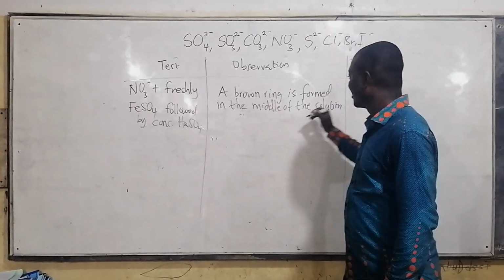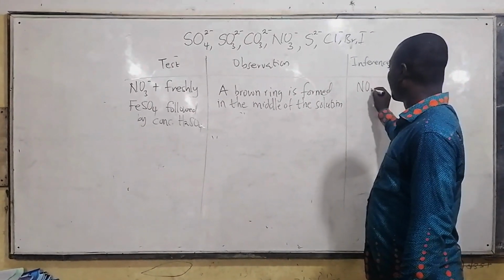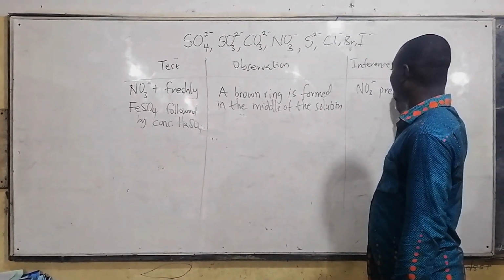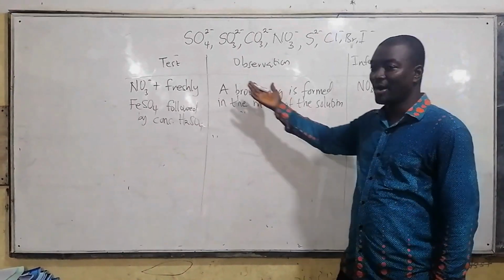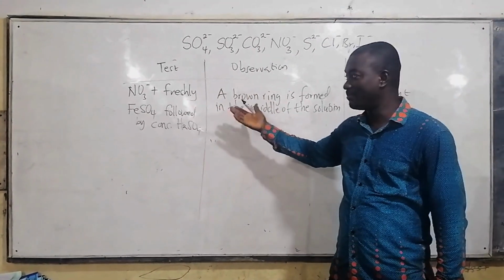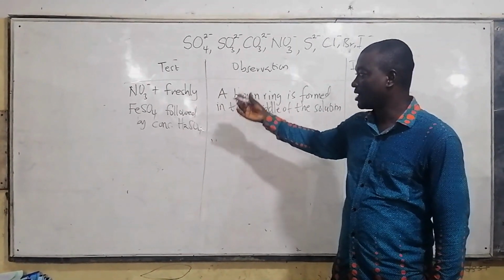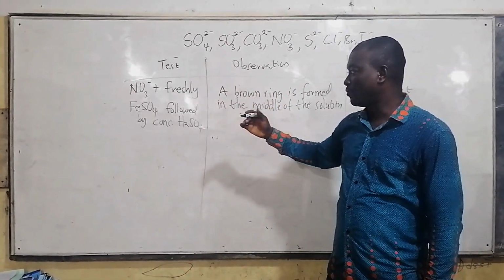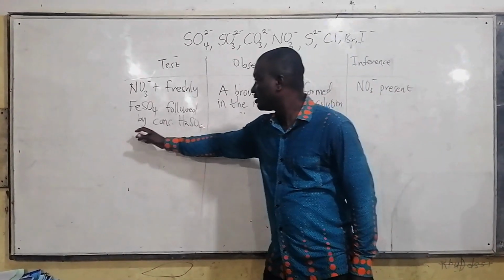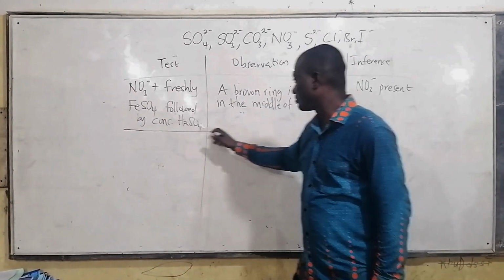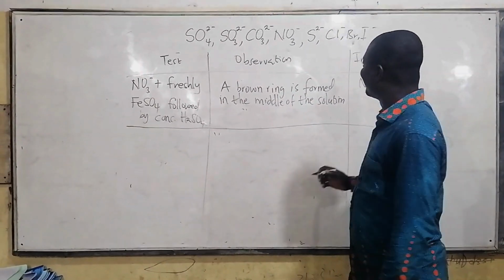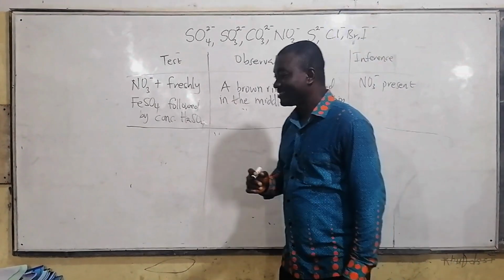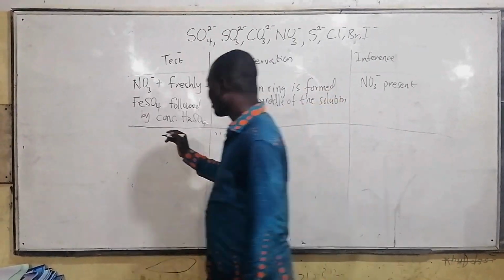This implies NO3 minus is present. This is called the brown ring test. So anytime you hear about the brown ring test, it involves adding freshly prepared FeSO4 followed by conc. H2SO4.